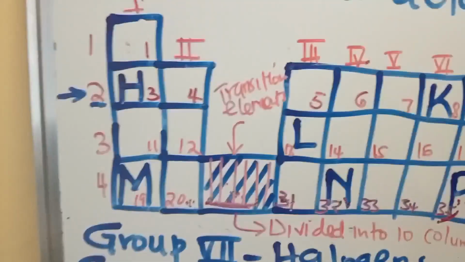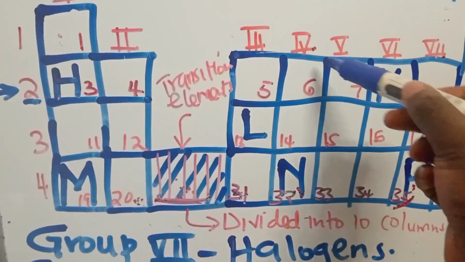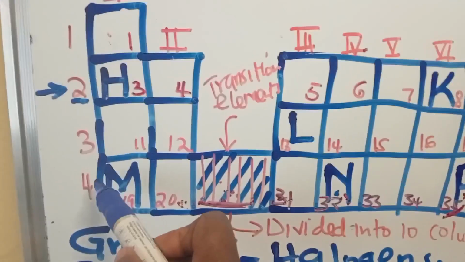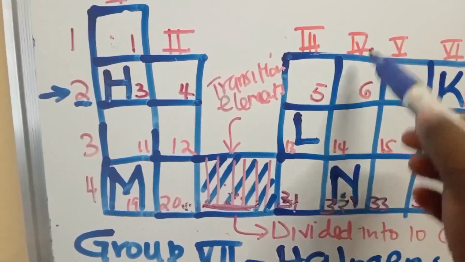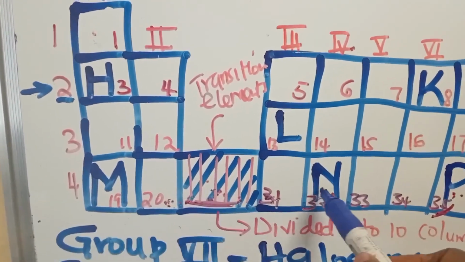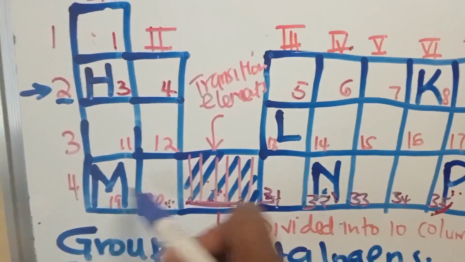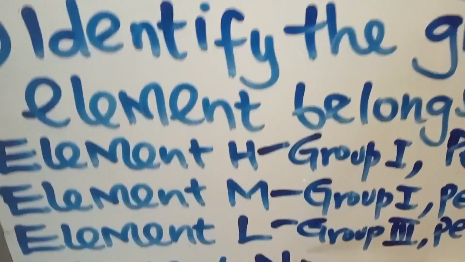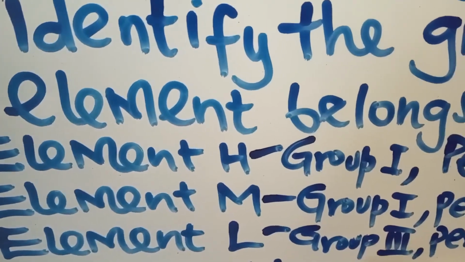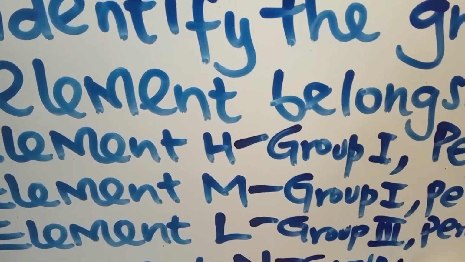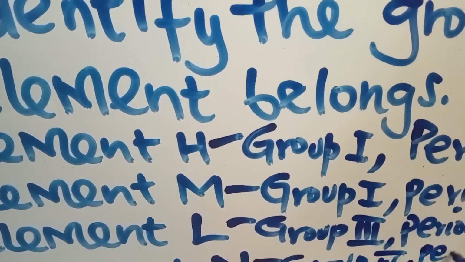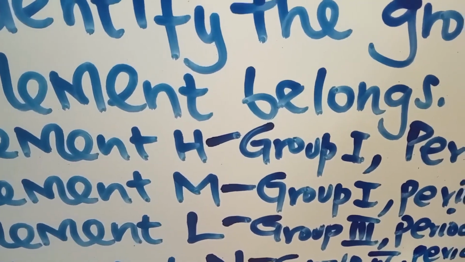Element L. Up here we have 4. So group 4, period 4. You go to where they intersect. So 4, 4 for the group and for the period. Group 4 and period 4 as well.